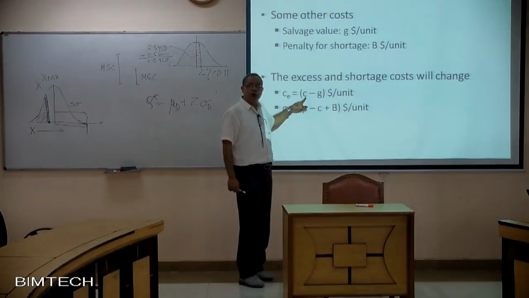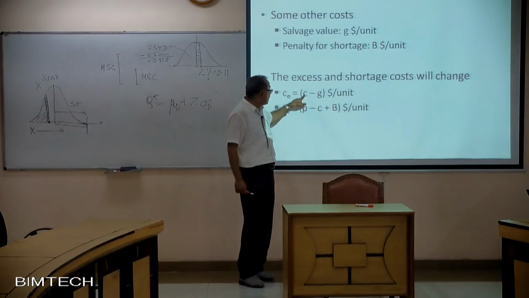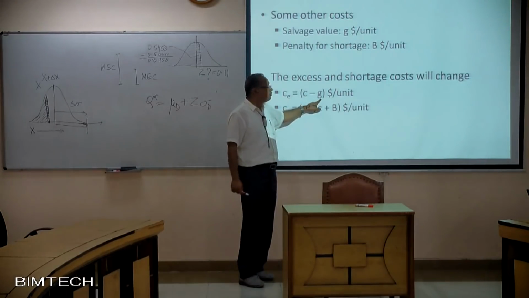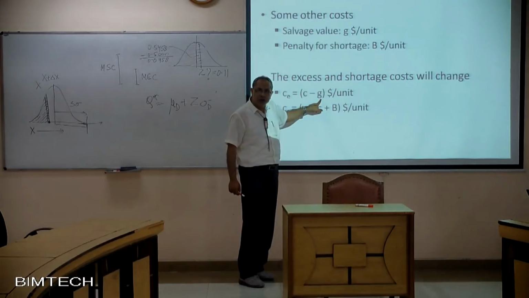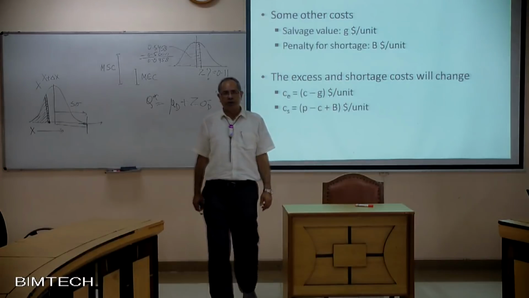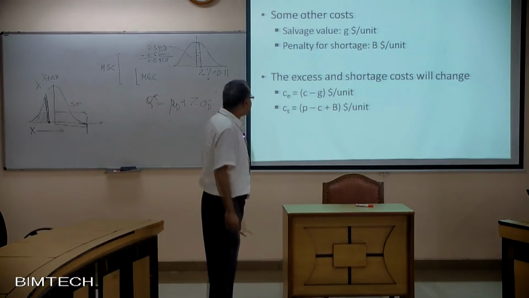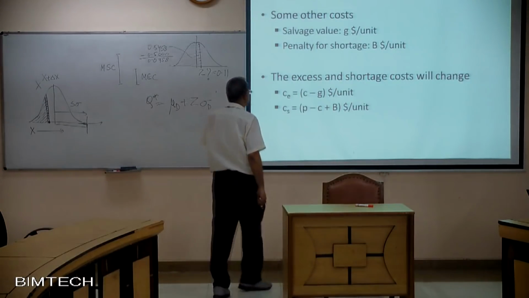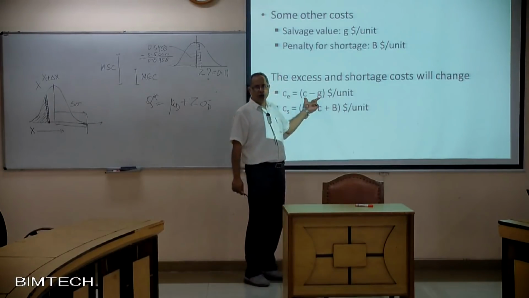But now I am not losing C because I am able to sell that one unit for G, which is the salvage value. So how much am I losing? I am actually losing C minus G per unit. And therefore, my unit excess cost is C minus G dollar per unit.